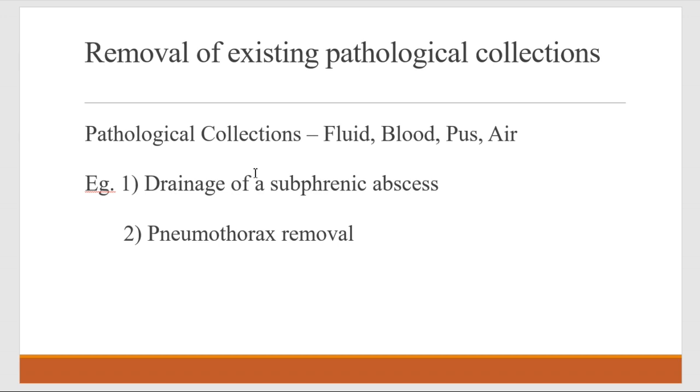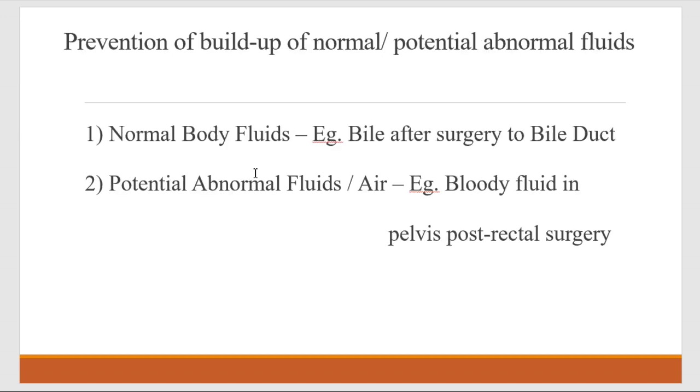So all these are collectively known as body fluids. So if there is any pathological collection, use a drain. For example, if you want to drain a subphrenic abscess, or manage a case of pneumothorax, again air is the content and air is a fluid also. For that purpose, we can use the drain, right?